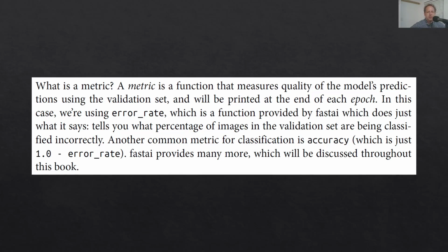And it turns out that error rate and accuracy don't tell you that at all, because you might change the parameters by such a small amount that none of your dog predictions start becoming cats and none of your cat predictions start becoming dogs. So your predictions don't change and your error rate doesn't change. So loss and metric are closely related, but the metric is the thing that you care about. The loss is the thing which your computer is using as the measurement of performance to decide how to update your parameters.